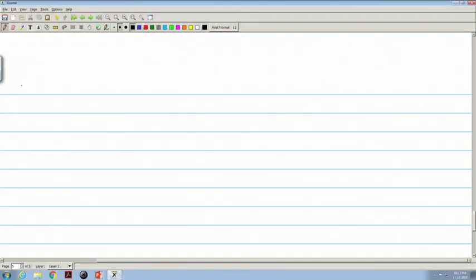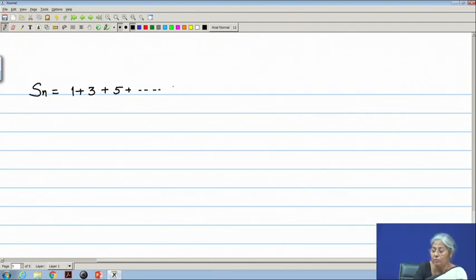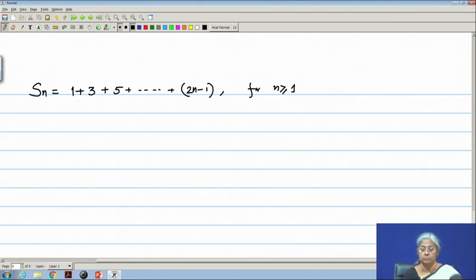Say we want to take the sum Sn equal to 1 plus 3 plus 5, all odd numbers, up to 2n minus 1, for n greater than or equal to 1. Now, I do not know the correct formula. So, what will I do?